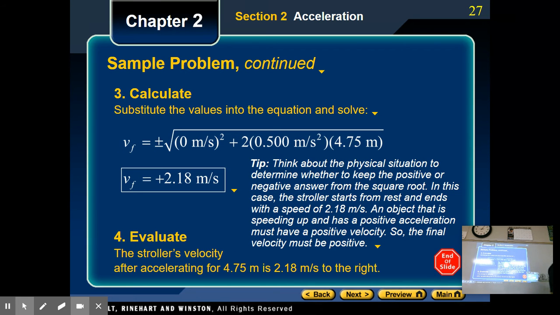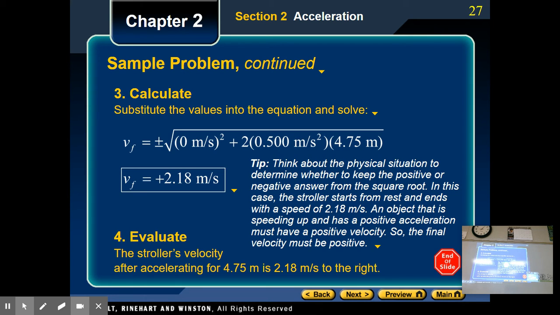So, plugging in what we were given: it started from rest, it accelerated uniformly at a rate of 0.50 meters per second squared, and it covered a distance of 4.75. After we've done all that, you notice we've got the plus or minus signs here. That is indicative of the direction.